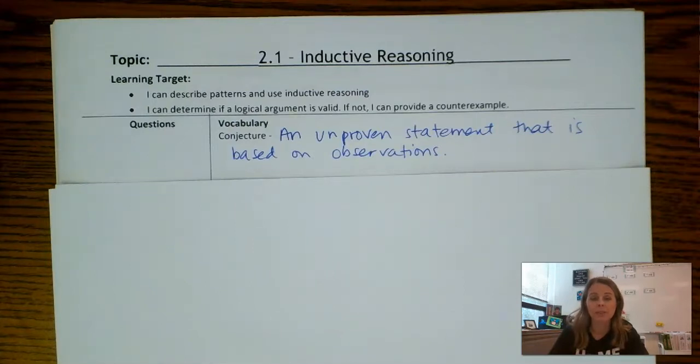So for example, if Monday seems to always be sunny, so let's say the last 3 Mondays have been sunny. So my conjecture might be that it is sunny on Mondays. So it's not necessarily a proven statement, but it's just based on my observations.